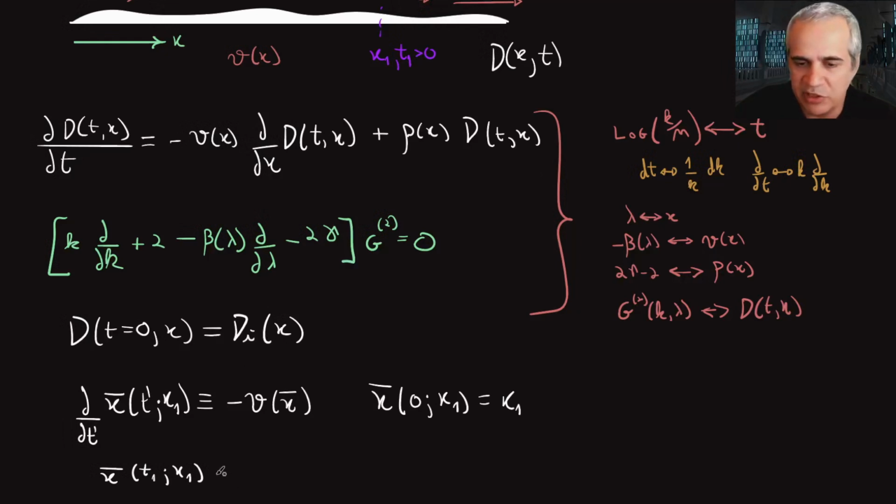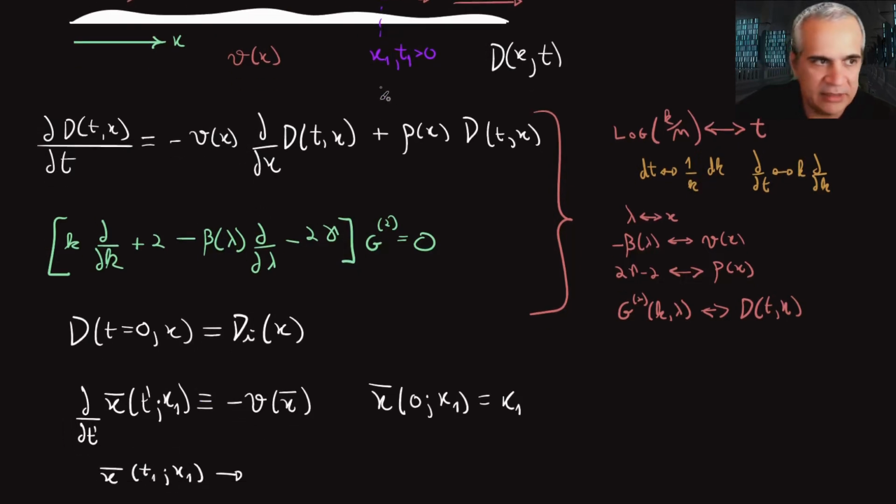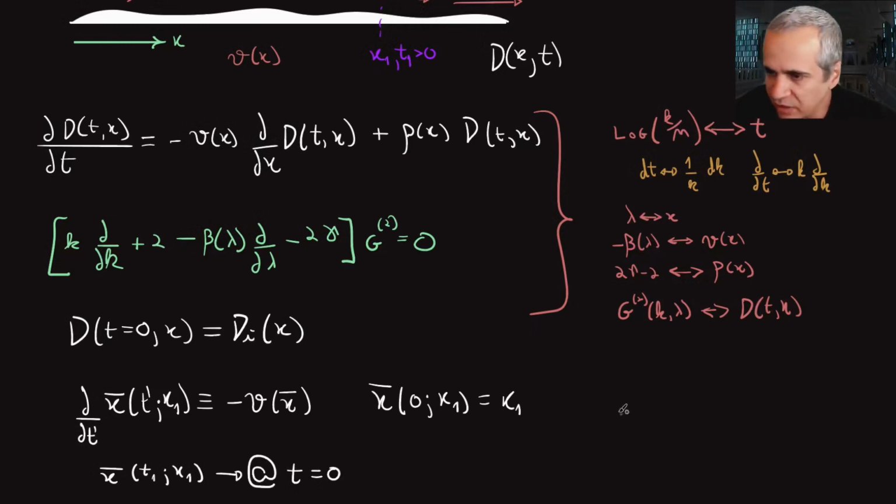And this is the position of this particular element here, at t equals 0, the time where I define this, right? So to make things clear, I have my usual time with which my density is evolving, and my initial conditions are set at t equals 0, and I want to know them at t equal to t1, right?